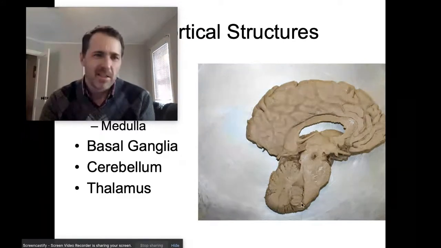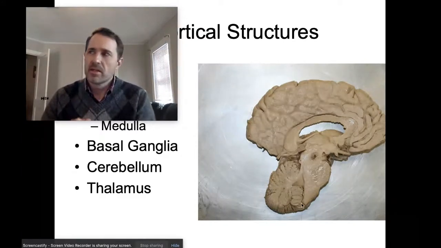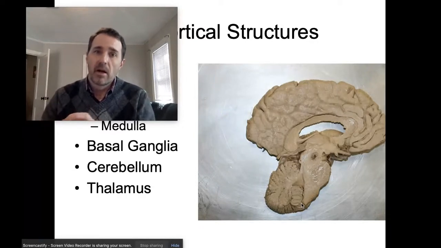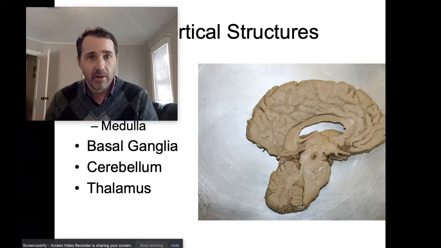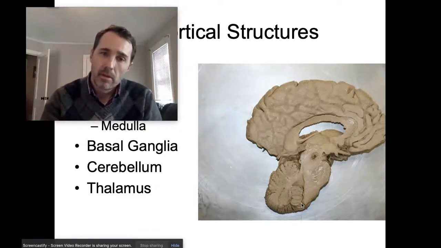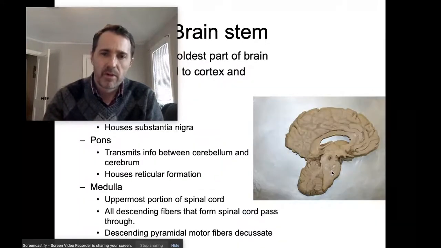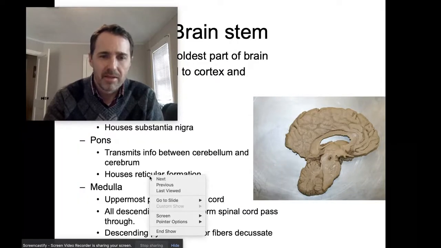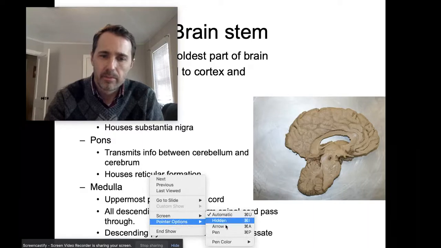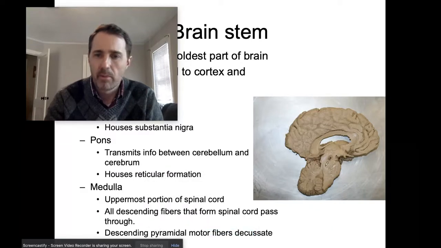Whereas the spinal cord is more or less just a bundle of afferent and efferent nerves, the brainstem has some very important structures. To start out with, the brainstem is divided into three different portions.